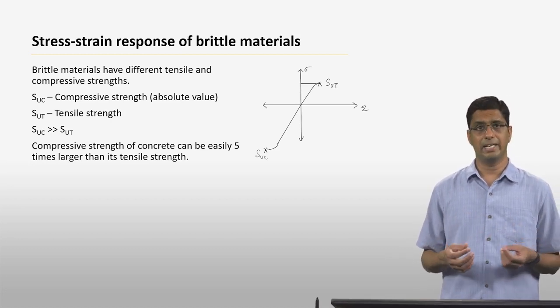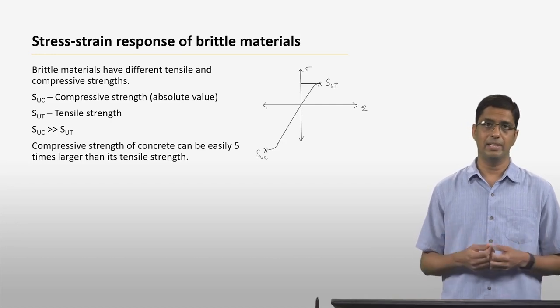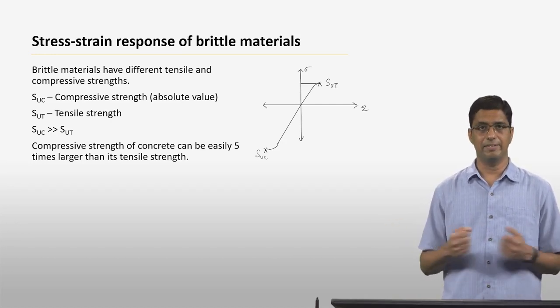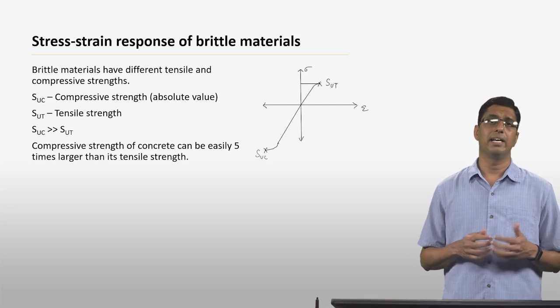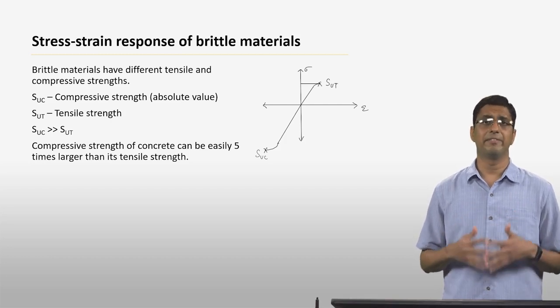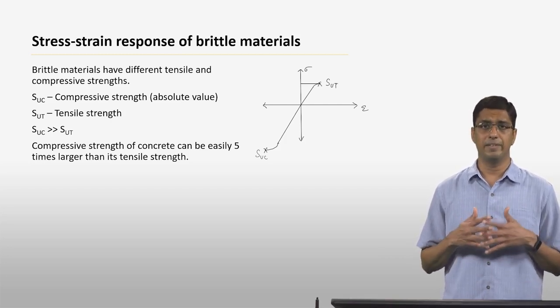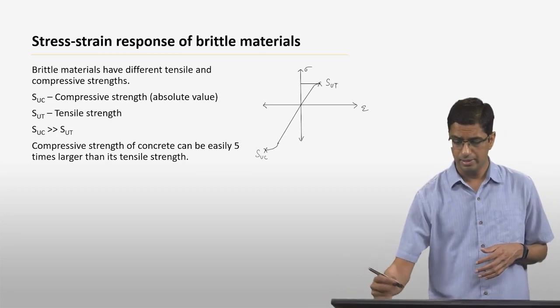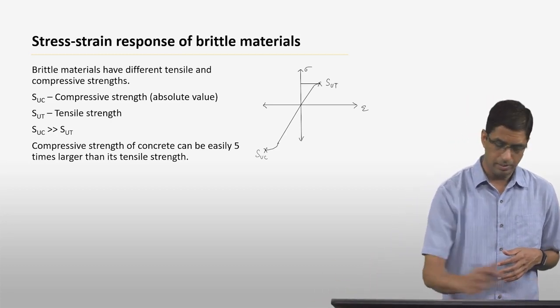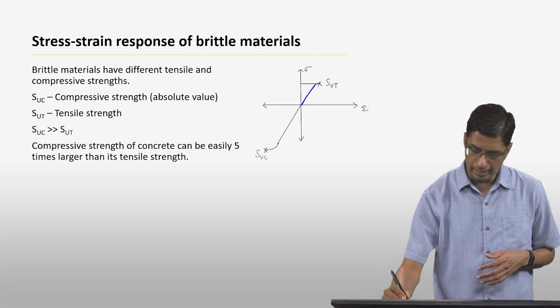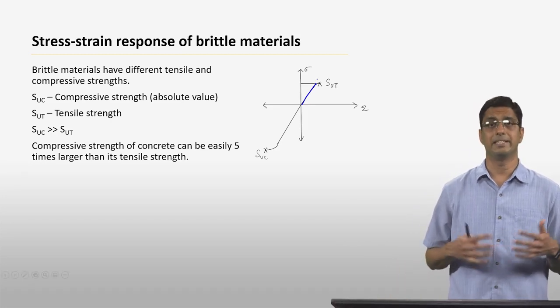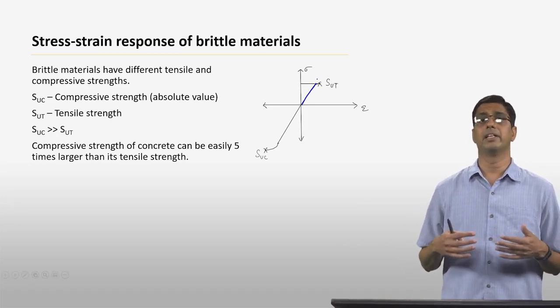If you take a brittle material, say something like concrete, and try to apply a tensile deformation, what you will see is that it will fail at very, very low strains at very low stresses. If you think of this as your stress strain curve during tension, it essentially is linear, which means that it is elastic pretty much till the point of failure.